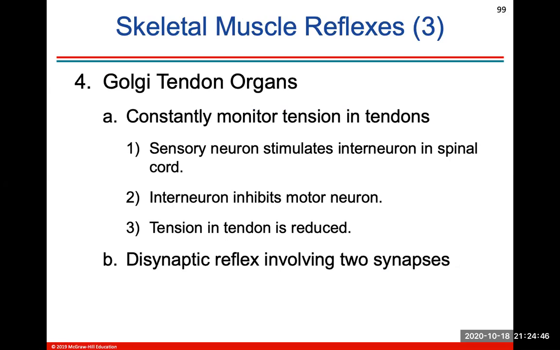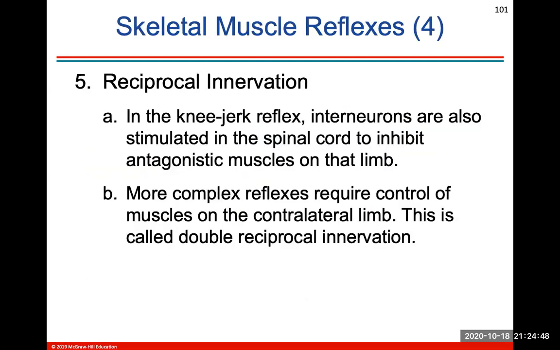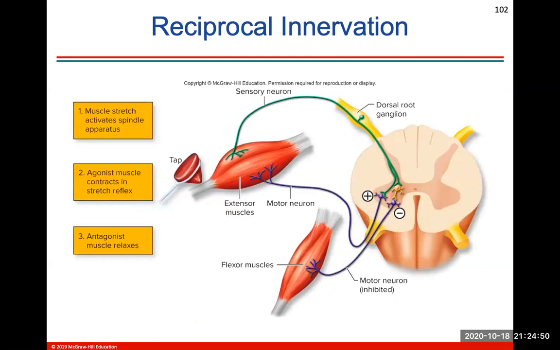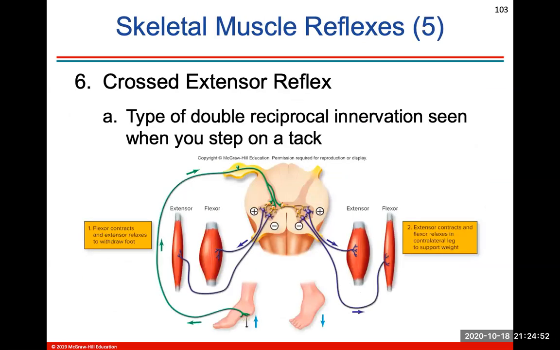Golgi tendon organs, we can skip over that. I want to talk a little bit about the crossed extensor reflex. The crossed extensor reflex is a type of double reflex, reciprocal innervation, seen when you step on a tack.